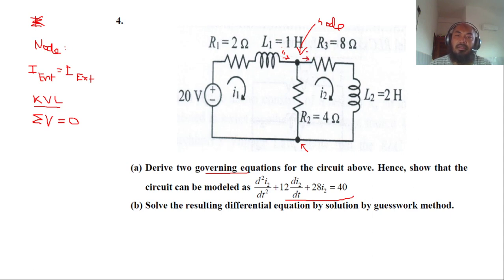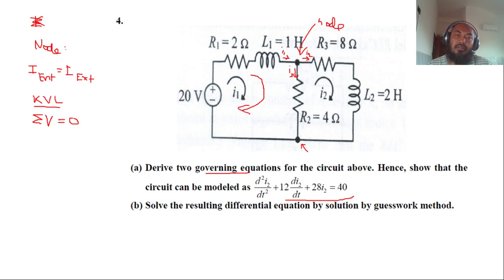Let's say this is I2, and we have another one, this is I3. So I1, I2, and I3.